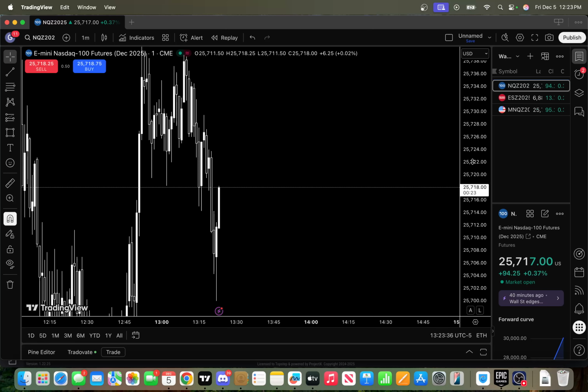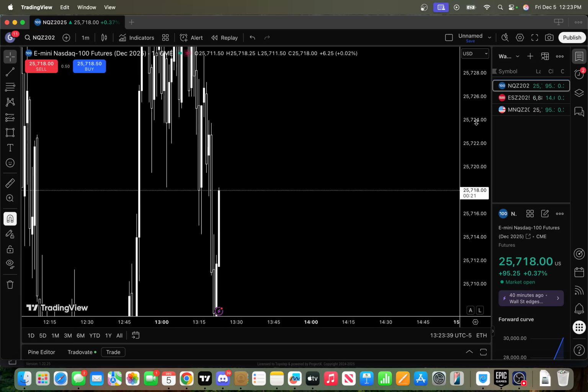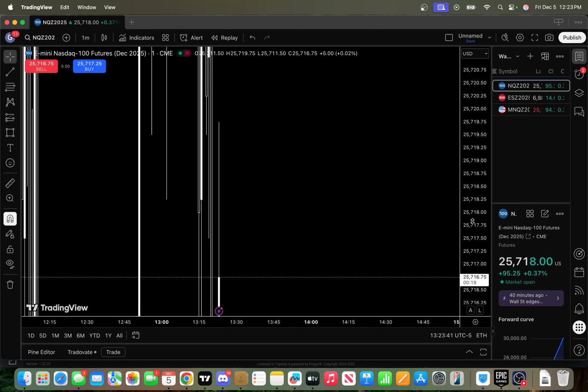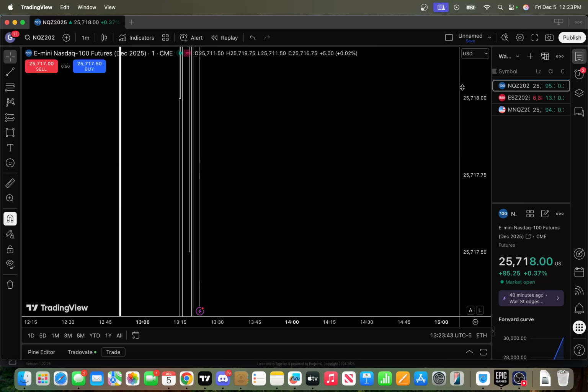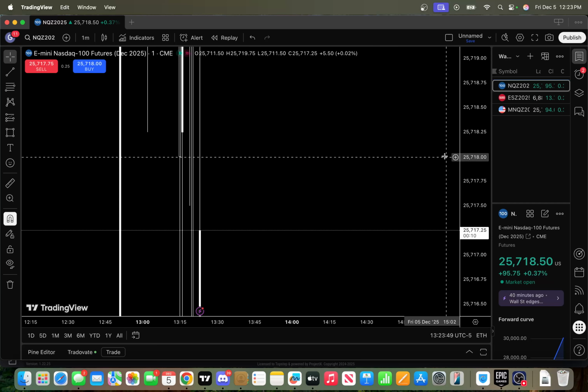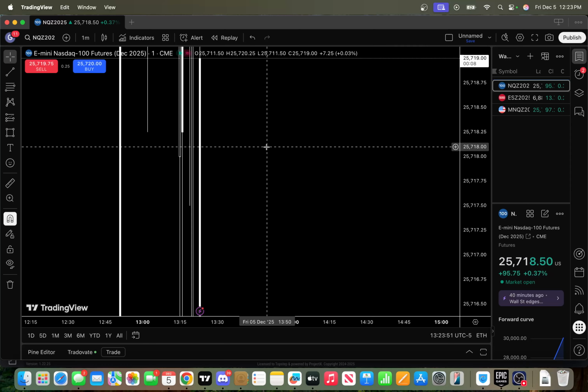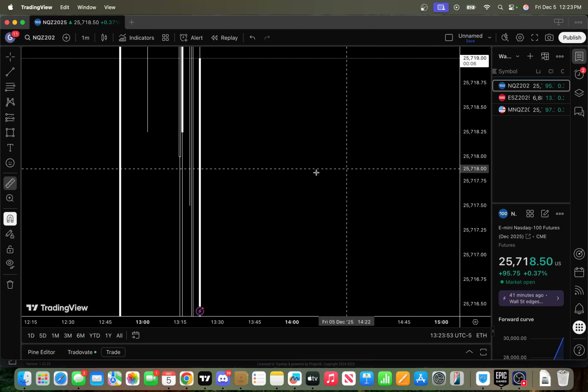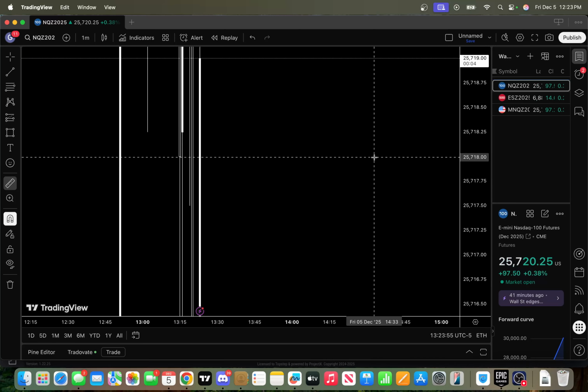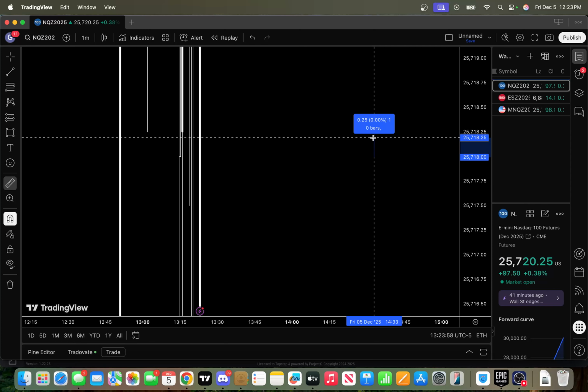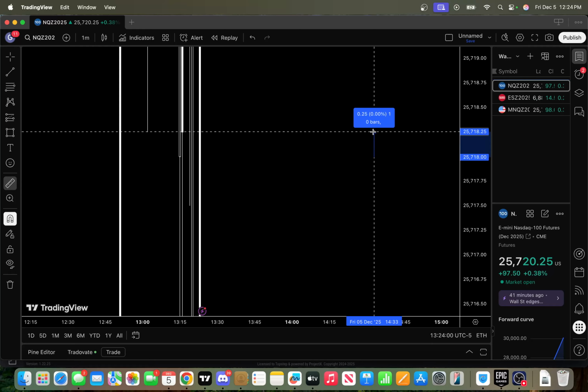There are all these prices on the right. If I zoom in, it's the most I can zoom in, where it's 0.25 up every time. Every time you go up 0.25, I'm going to get my measuring tool. From here to here is one tick. The number in the top right is ticks, and the top left is points.